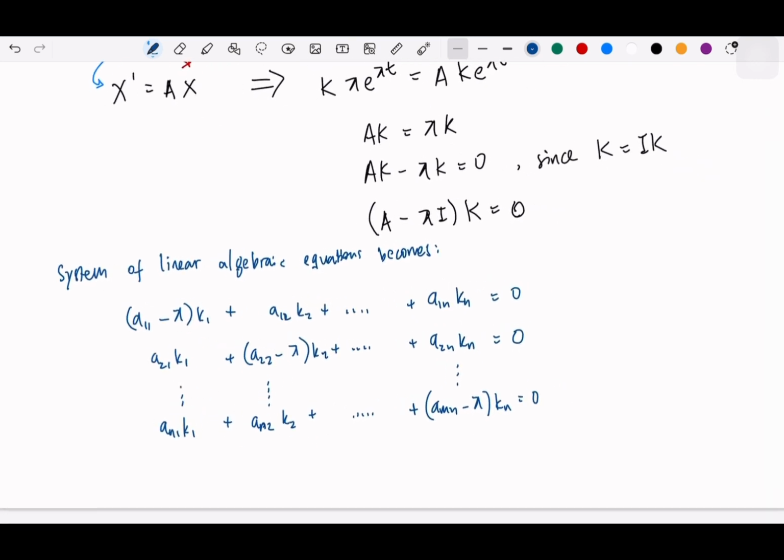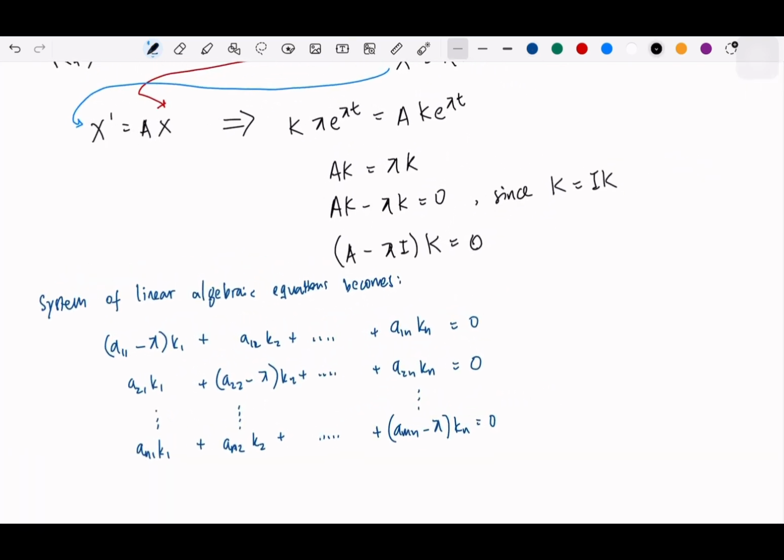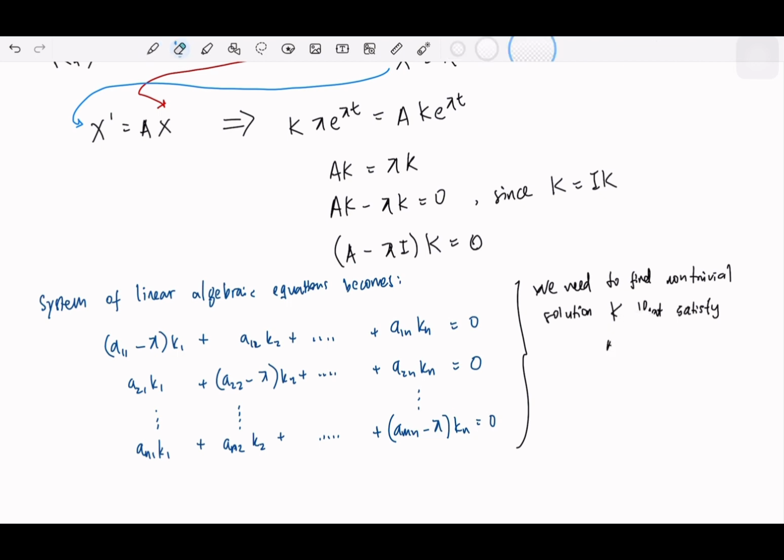So to solve this, we need to find a non-trivial solution K that satisfies this (A minus lambda I) K = 0.